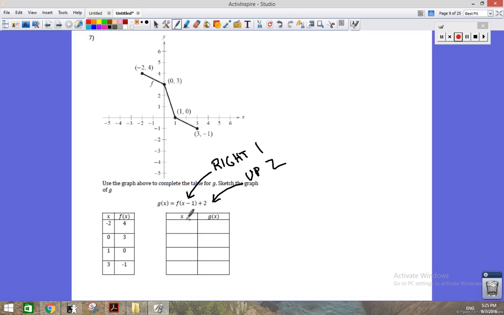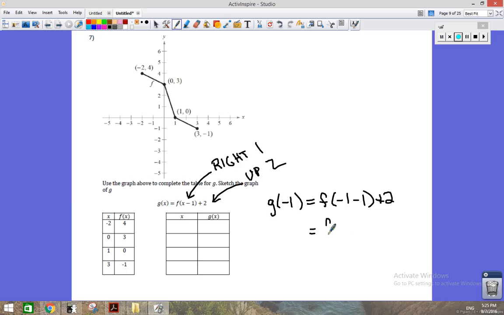So if I try to fill in this table, how could I do that? Well, let's see if we can determine what g is evaluated at -1. On the right hand side, everywhere I see an x, I replace it with -1. So instead of x minus 1, it's -1 minus 1, and then +2.